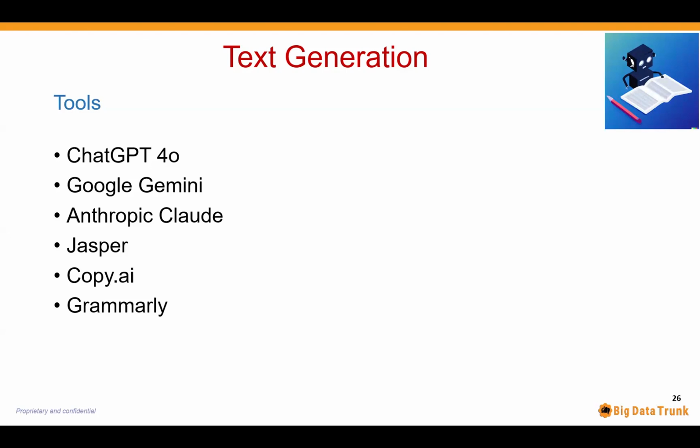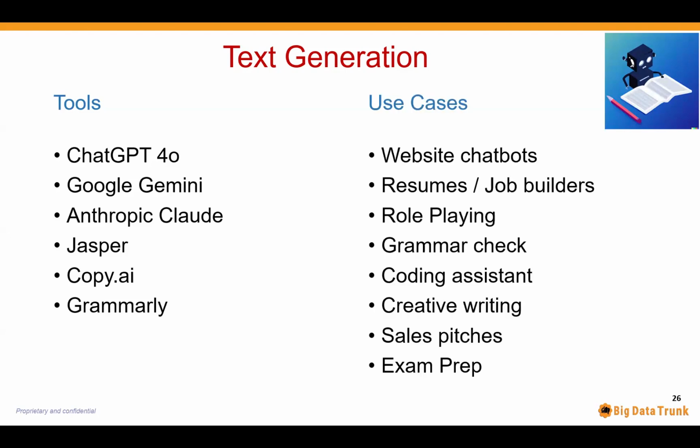Almost all of them do allow certain usage on a free basis, and then more powerful use cases are available within the paid models. So whether you would want to build your own chatbot for your website trained on your proprietary data, you want to build resumes, you want to ask it to play some kind of a role, act like a therapist, act like a nutritionist, act like a travel company and give me an itinerary.